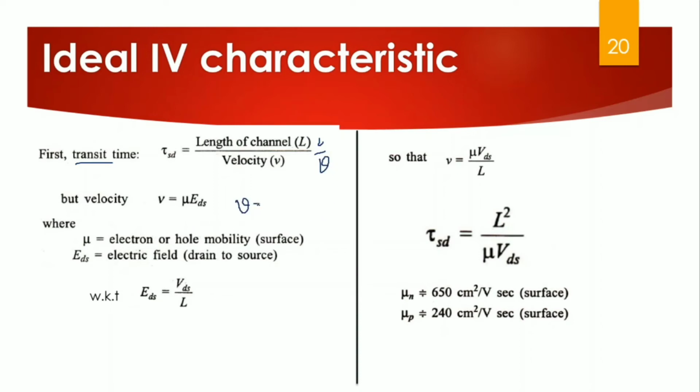What is the velocity of the electron? It is defined as the mobility of the electron times the electric field that is applied on it.